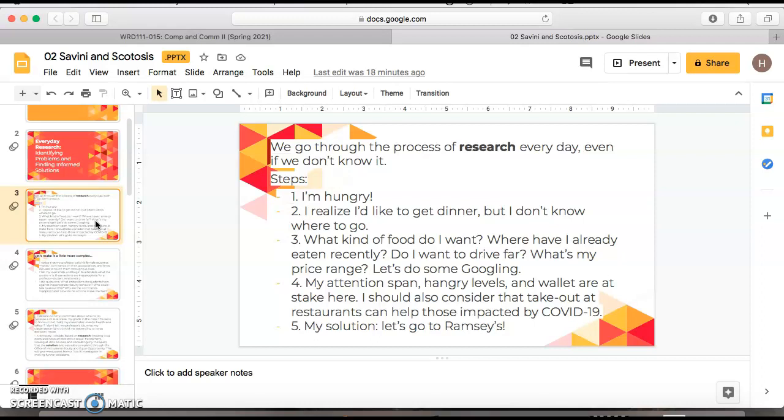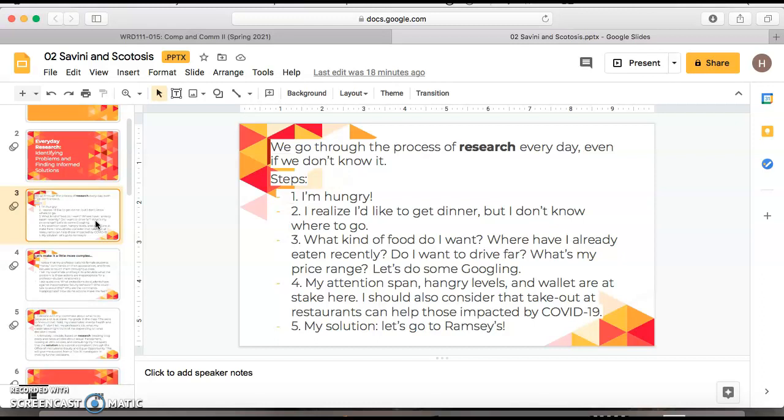And then I do some Googling based on those questions. I might look at Yelp, even though the restaurants in Lexington hardly ever change. I might look at how many dollar signs these restaurants are, whether or not they do carry out, whether or not they do delivery. So I do some research on Google. I think about what the stakes are here.